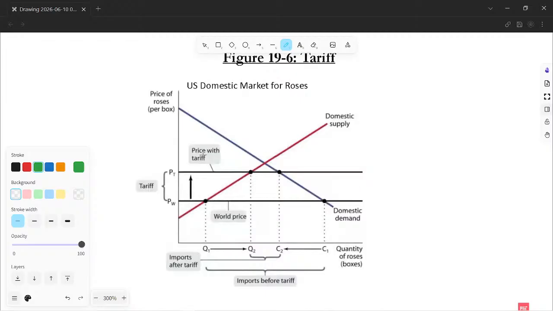Price with tariff. Right, so domestic supply and demand. So price domestically would be here. So it's a lower price. Well, I guess it would depend on the size of the tariff, but in this case it results in a lower price than domestically. So we're just moving back a little bit towards the autarky, right?